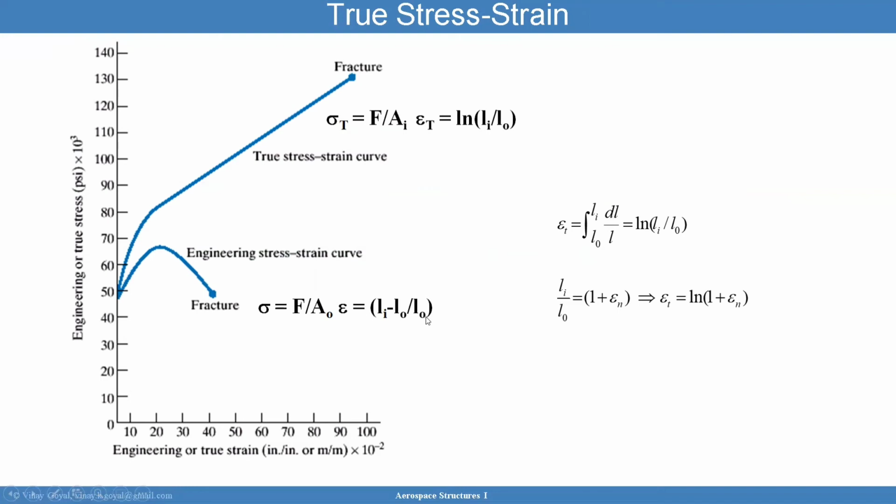And my point, a very important point here, is that some finite element codes require you to provide the data in true stress strain curve. So if your data is in engineering stress strain curve, it needs to be changed to true stress strain curve. Now, some codes require engineering stress strain curve, so that means you have to bring the true stress strain curve back into this format.